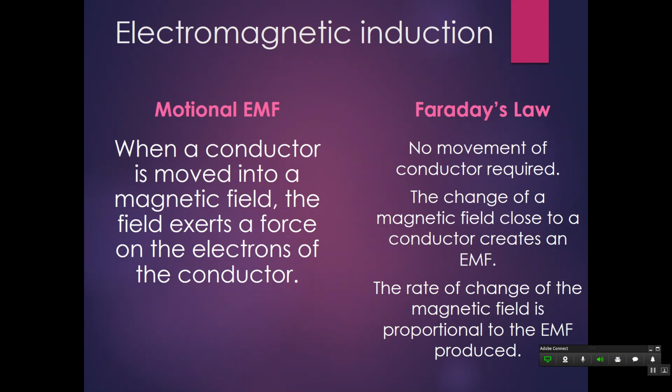This is really for you guys to study with later on. The important thing today is going to be something called Faraday's law. Faraday's law is that when you move a magnet near a conductor, you'll induce a current in the conductor.